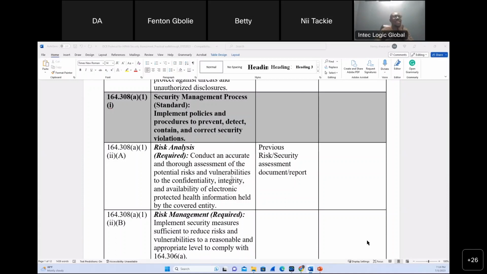When they did that assessment, they identified a couple of vulnerabilities. Those vulnerabilities they identified, did they remediate them? And how often is this assessment done? As best practice, how often should we do risk assessment?